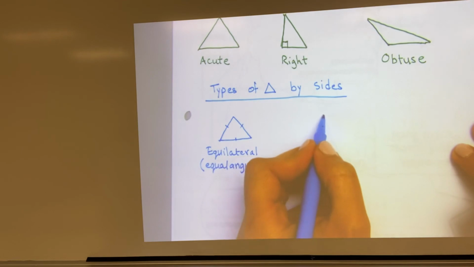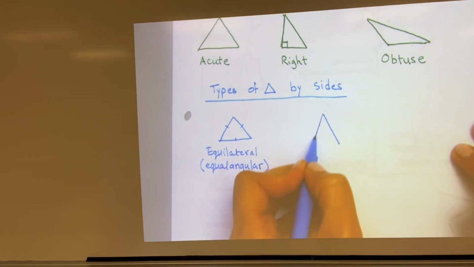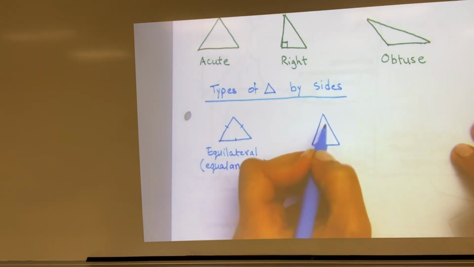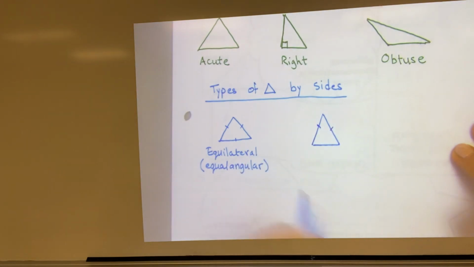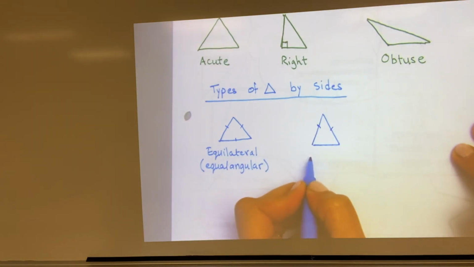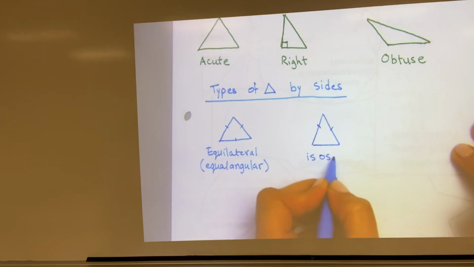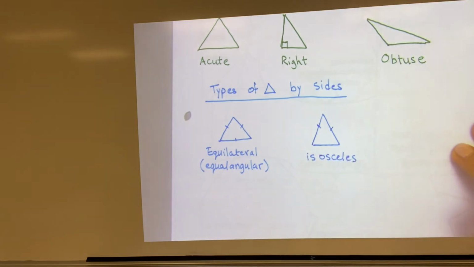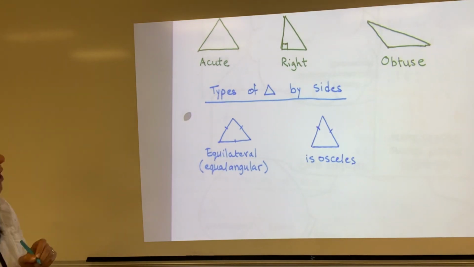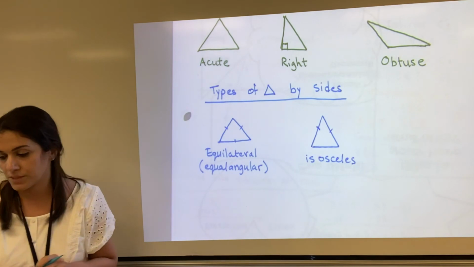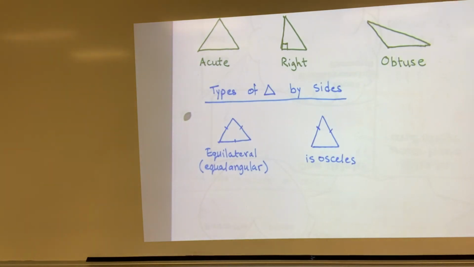Next, when I have 2 sides that are of the same length, this is called an isosceles triangle. Only two sides are the same length.